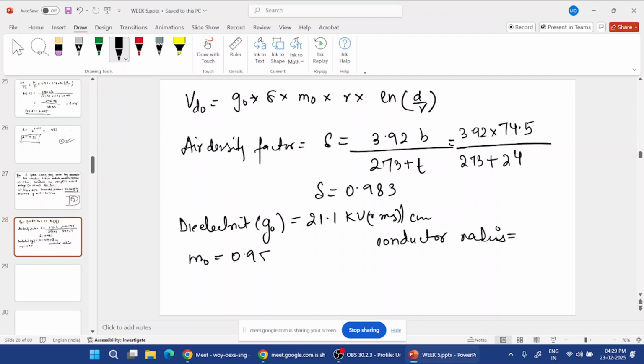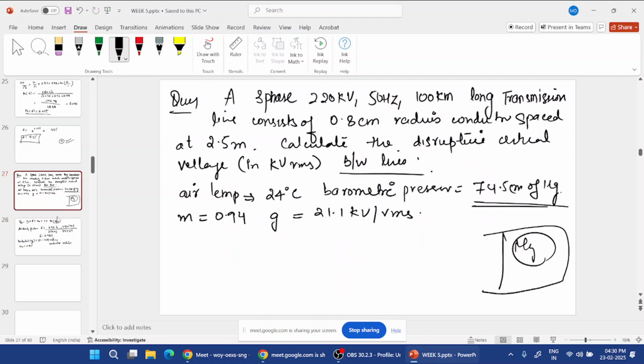It is what is given here in the conductor radius. It is 2 centimeter, I think. 0.8 centimeter. Okay.